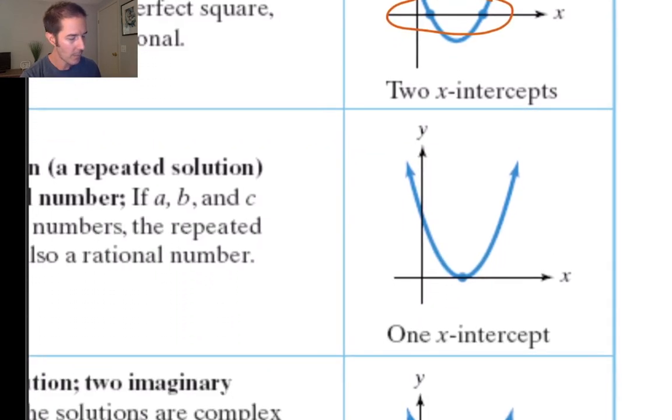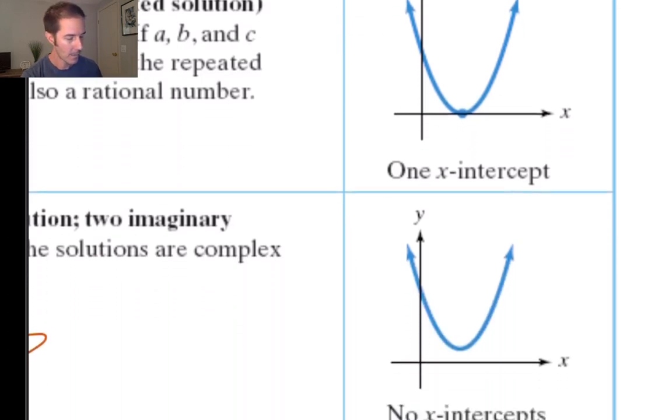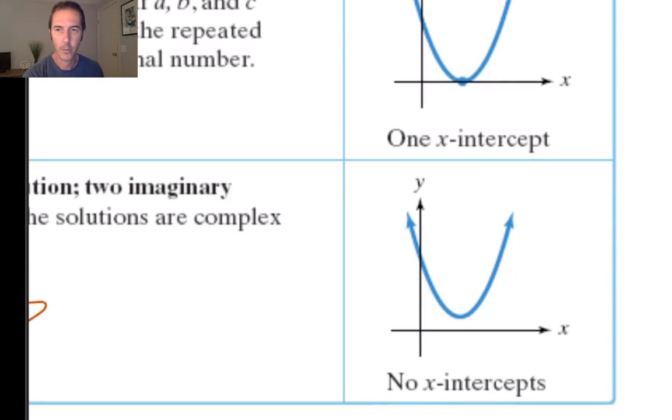Here, where we had the repeated solution, where you had a discriminant equal to 0, you only have one solution, or one x-intercept, one x value that if you plug it into your original equation will give you an output value, or a y value, of 0. And it is possible to design a quadratic equation, and you will definitely run into quadratic equations, that when you set them equal to 0, or when you try to determine what x value could I plug in so that I get out a y value of 0, it's possible that there aren't any options.